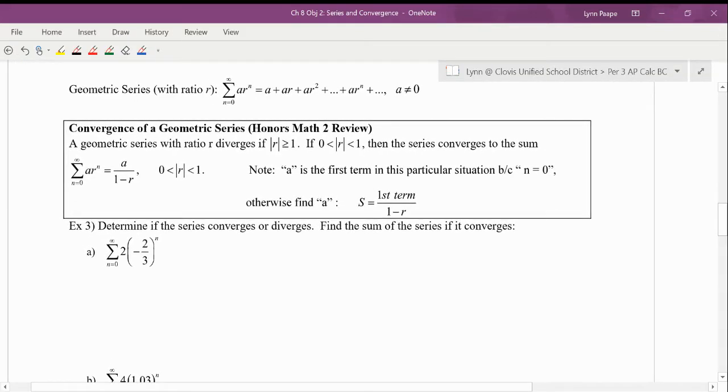Got a little bigger. Okay, so geometric series. This is a review from your Honors Math 2, which was forever ago. For some of us it's 2 years ago, and for others 3 years ago. Just a reminder, a geometric series is when you had a ratio, R, and that was your multiplier.